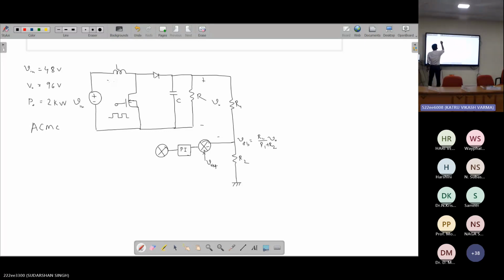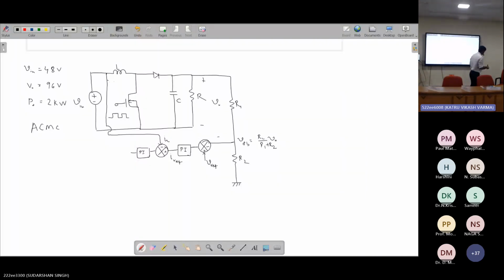So I can sense the inductor current, which is your IL, and compare it with IREF. So this is plus, this is minus. Then the inner loop also passes through a PI controller. Then this is the control signal.